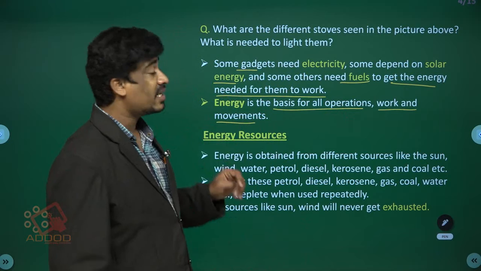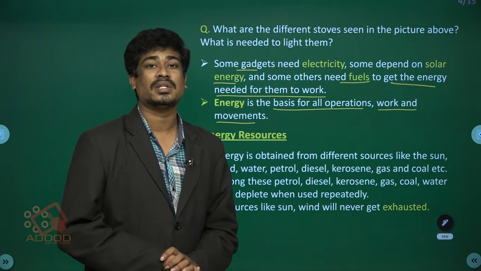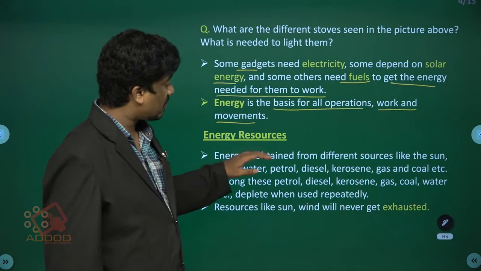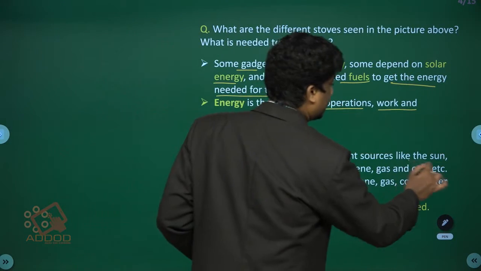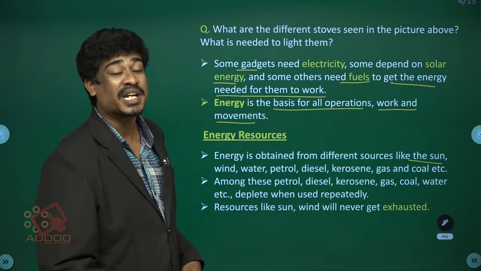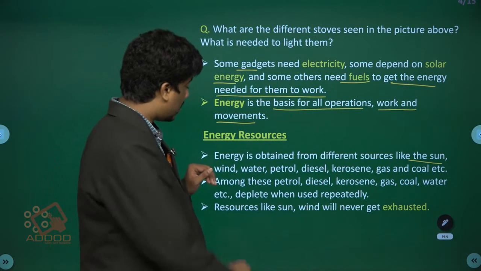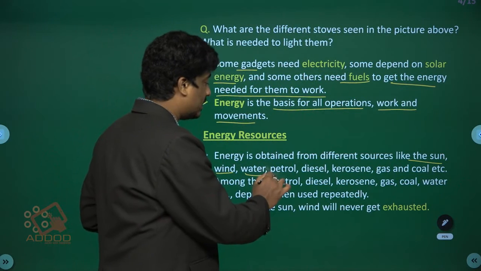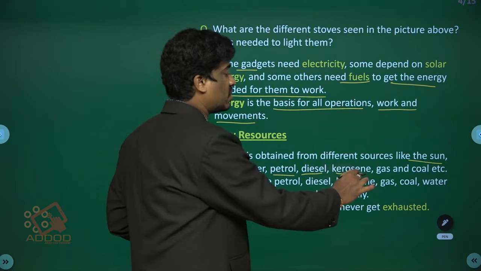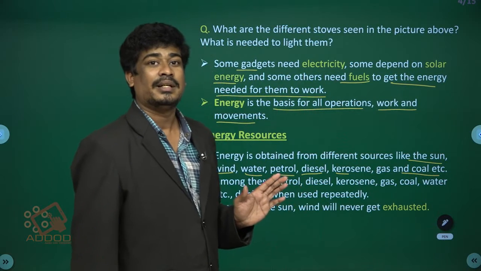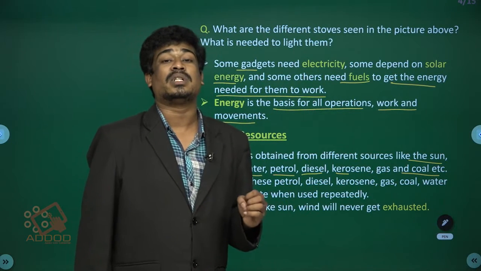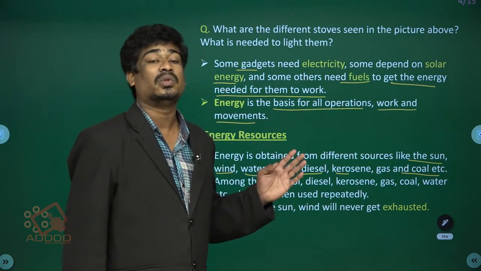Next, see energy resources. Energy is obtained from different sources like the sun. We are obtaining energy from the sun or wind or water, petrol, diesel, kerosene gas and coal gas. So we had seen in the pictures, the wet chilies were dried.